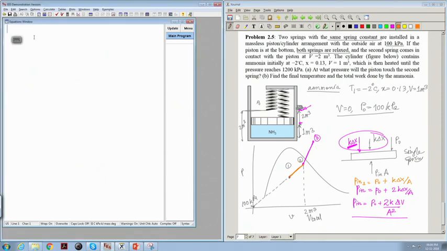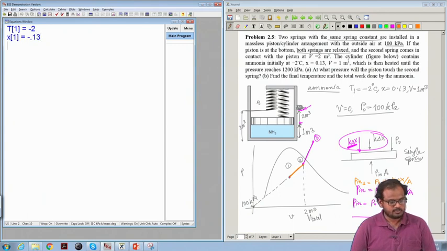So, we have been given T1 is equal to minus 2, x1 is equal to 0.13, and we have V total 1 is equal to 1. So, with the value of the temperature and the quality, we can find out the initial pressure.